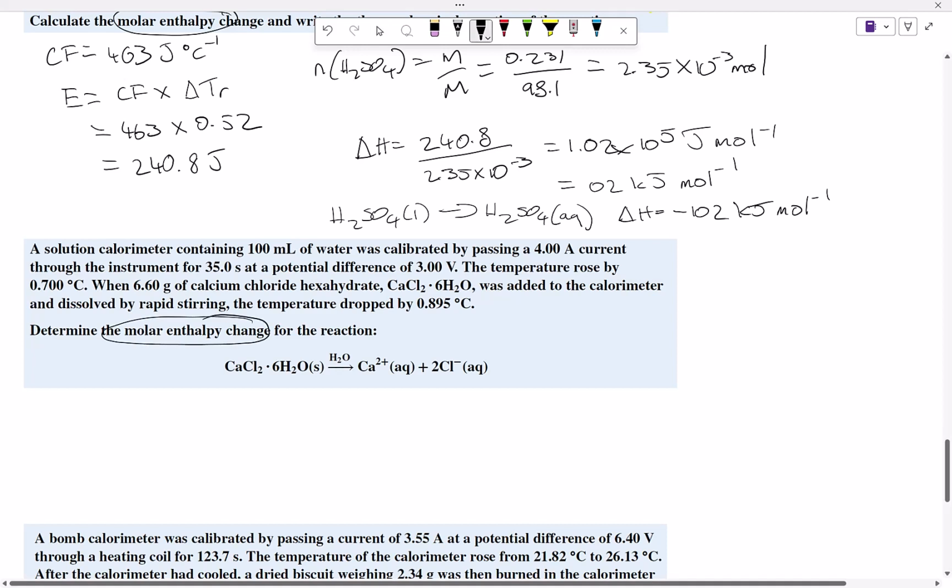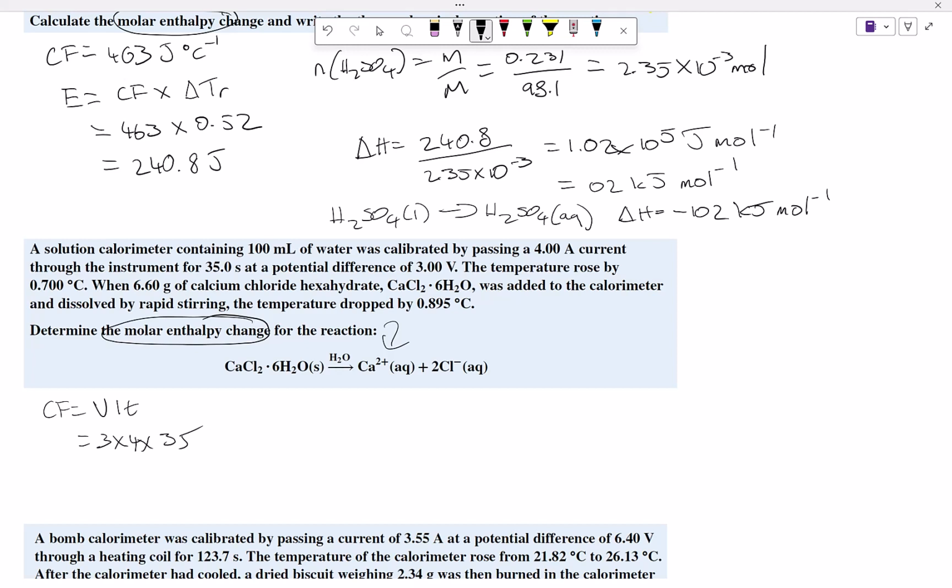All right. So what I'm doing here is the calibration factor. So we have to calculate this one. It's a solution one where we've got that potential difference, and it's an electrical one. So I'm going to go VIT: voltage 3 times 4 times 35, and the temperature rose by 0.7, so that's our temperature difference there.